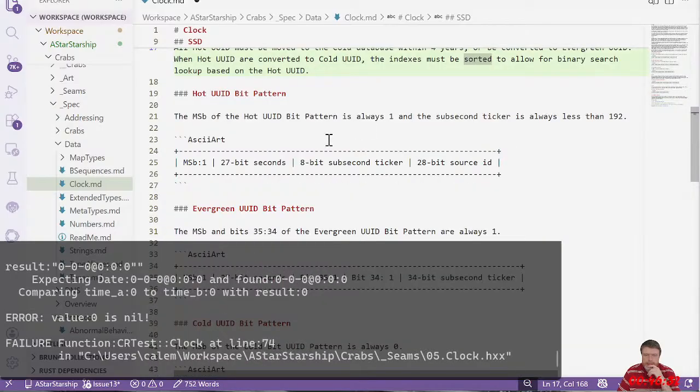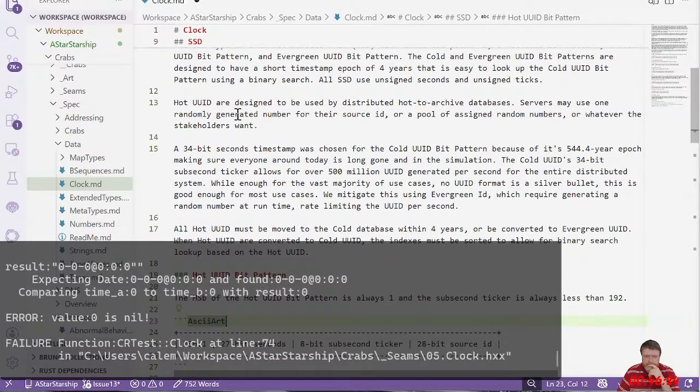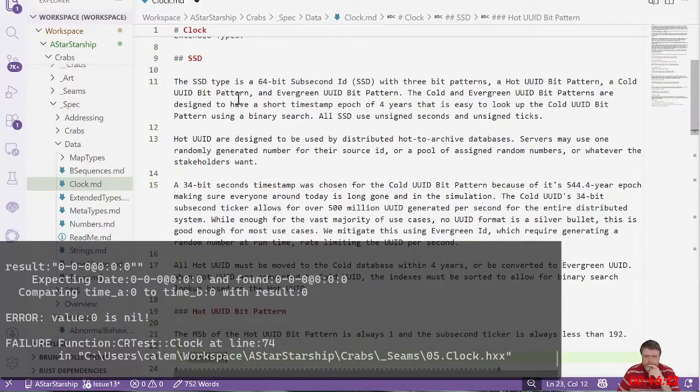All right. So now, of which we only use 4.